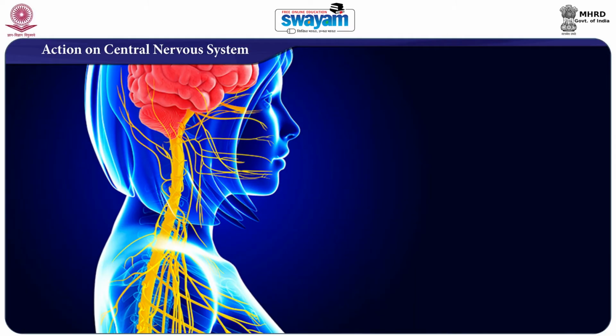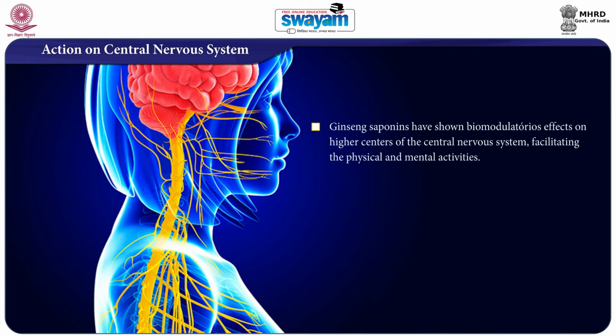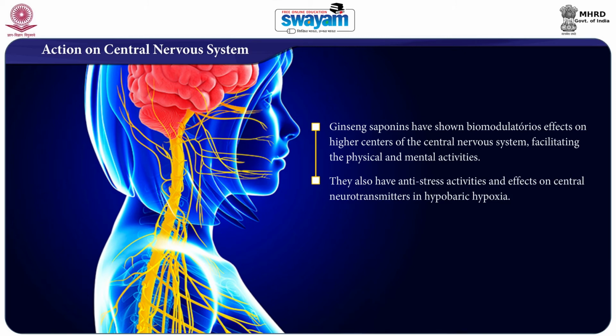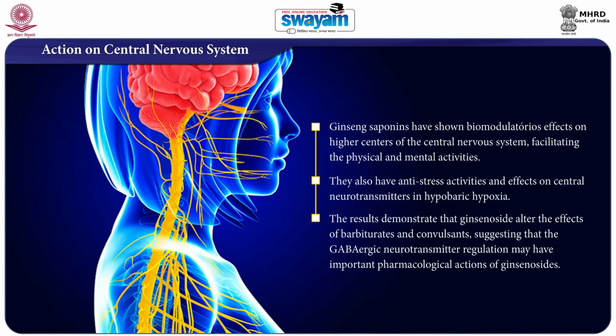Action on central nervous system. Ginseng saponins have shown biomodulatory effect on higher centers of the central nervous system, facilitating physical and mental activity. They also have anti-stress activities and effect on central neurotransmitter in hypobaric hypoxia. The result demonstrated that ginsenosides alter the effect of barbiturates and convulsants, suggesting that GABAergic neurotransmitter regulation may have important pharmacological action of ginsenosides.